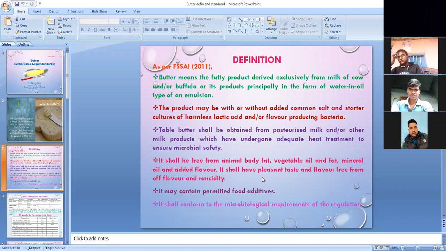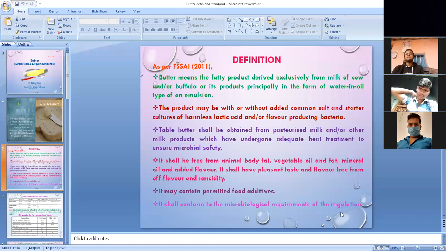So our butter should be free from any off flavor, as per the FSSAI regulation. It may contain permitted food additives. Certainly some additives are added, but within the guidelines suggested by FSSAI. Similarly, it shall meet the microbial requirements of the regulation.